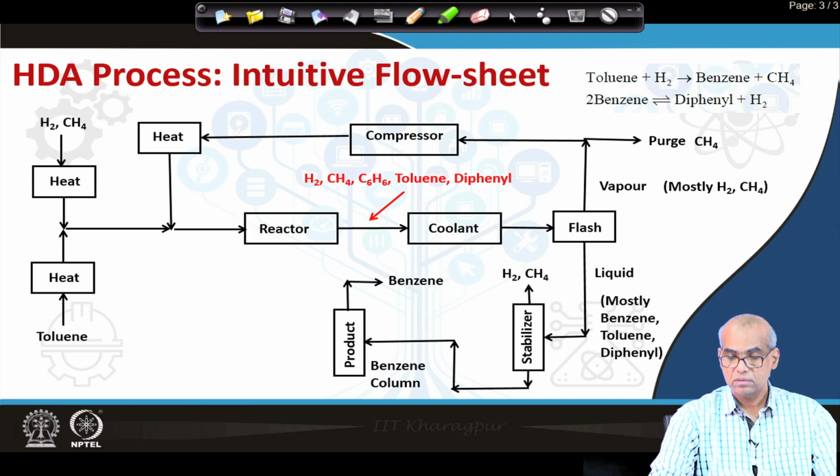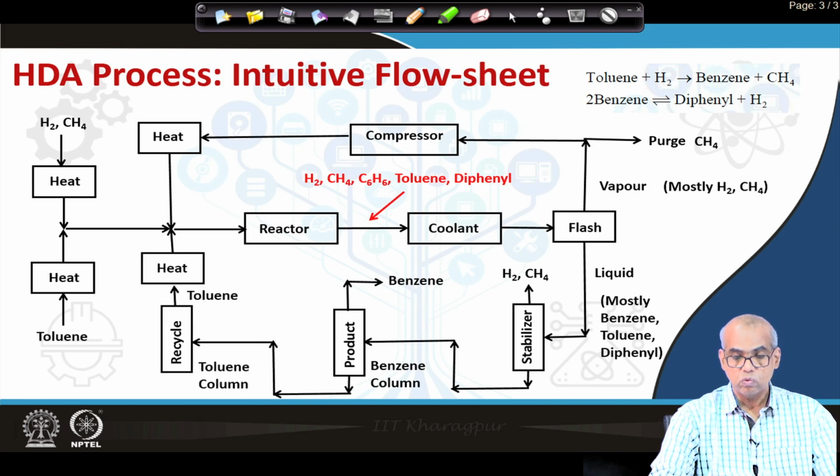The bottom product, which will mostly be benzene, toluene and diphenyl, will go as feed to the second distillation column, which we also call the benzene column, and benzene will come out as our desired product from the top of the distillation column.